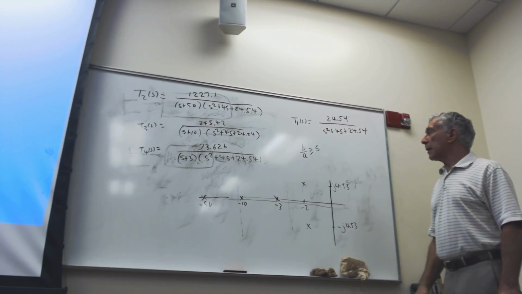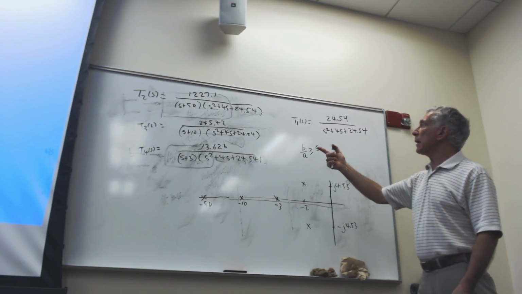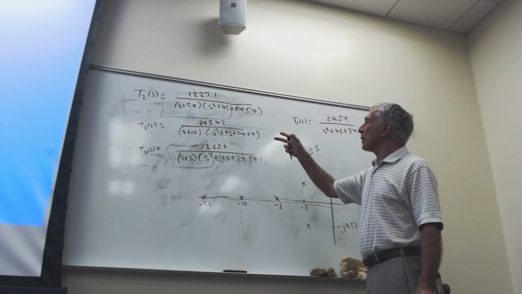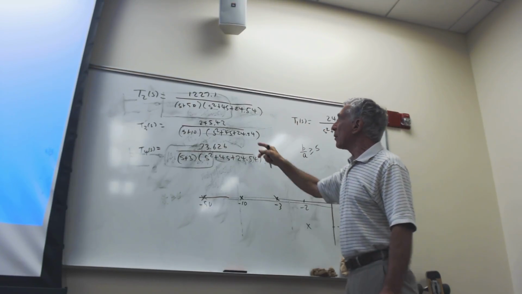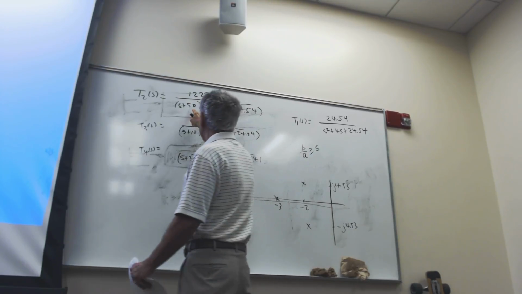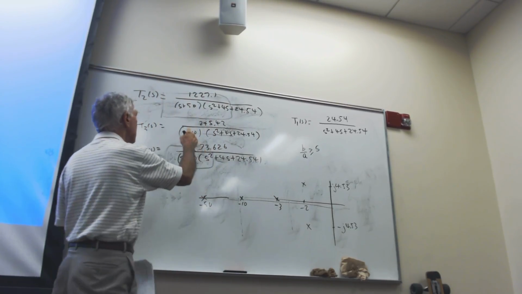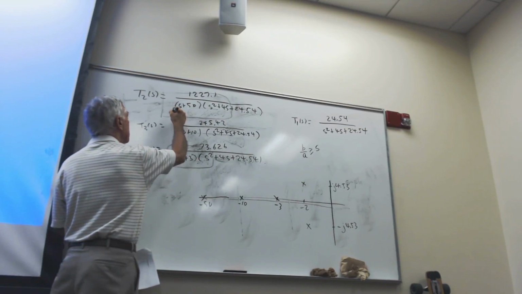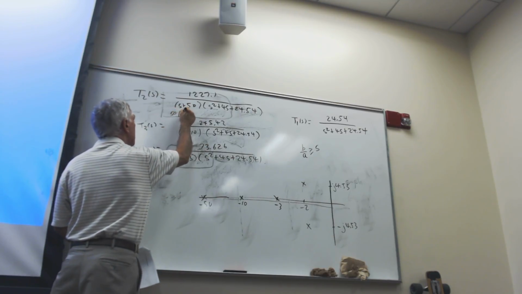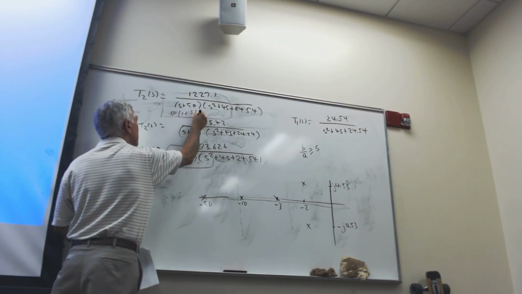And how do we go from one of these transfer functions to that one there? Well, like I did in the previous example, factor out the 50. If you factor out the 50, you've got 50 times (1 plus s over 50).